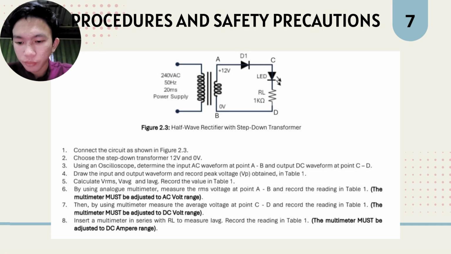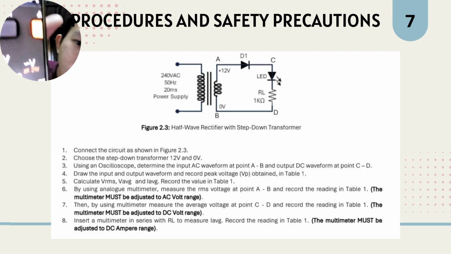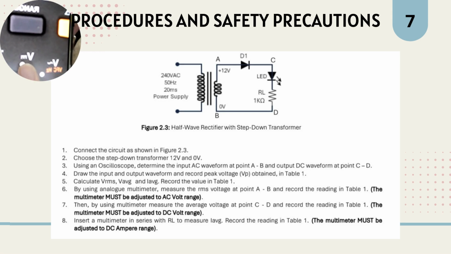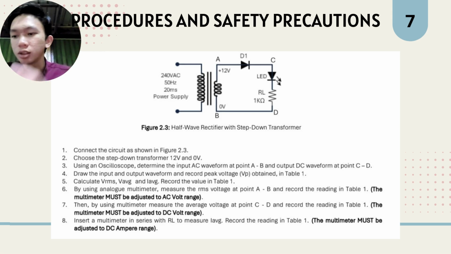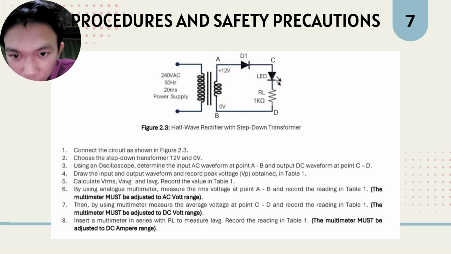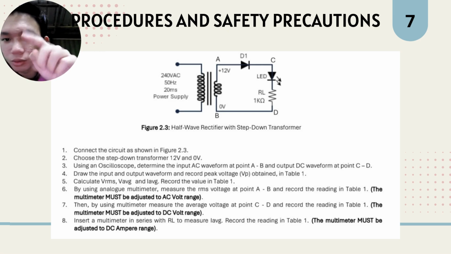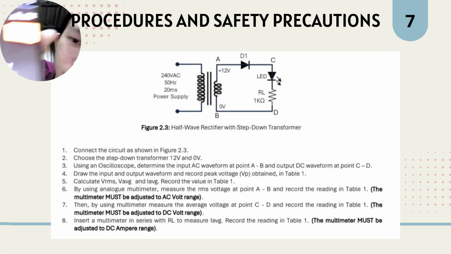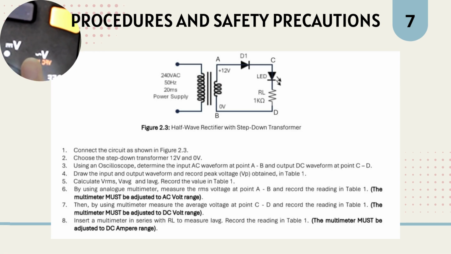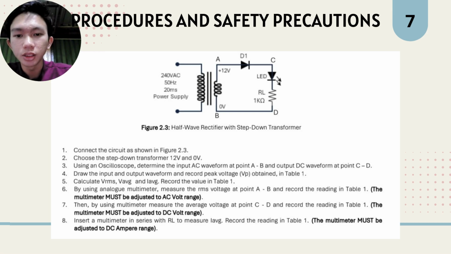For AC we need to use this sign, which means it is on AC volt range: the V and a straight line with three dots below. Then, number 7, by using the multimeter, measure the average voltage at points C to D and record the reading in the table. For points C and D, we need to use the DC volt range on the multimeter, with the V and the wave sign, which means DC volt range.